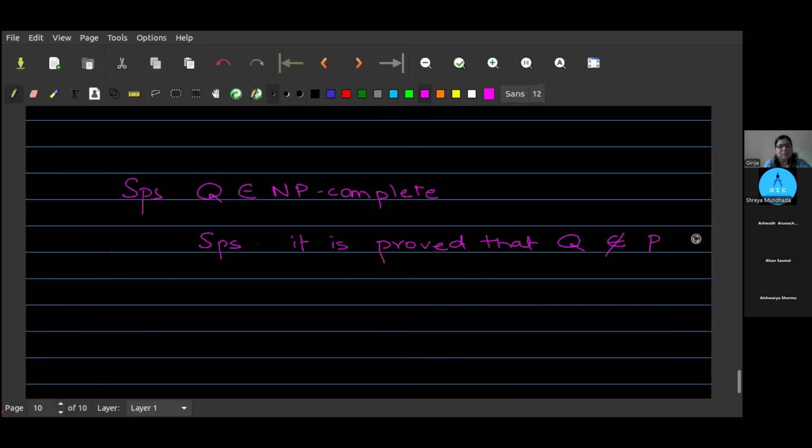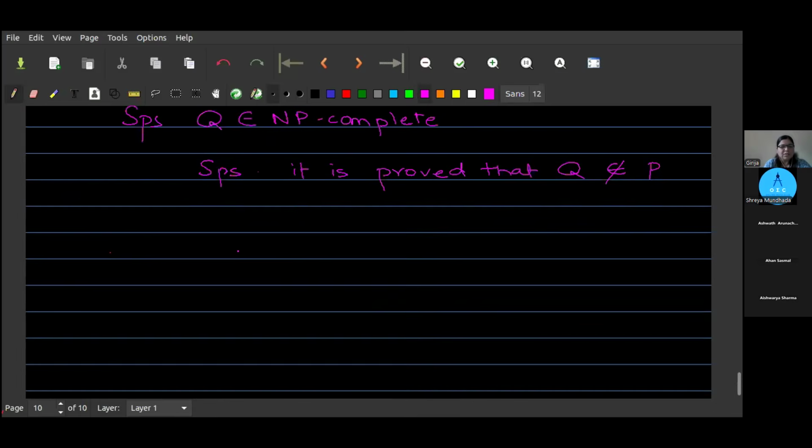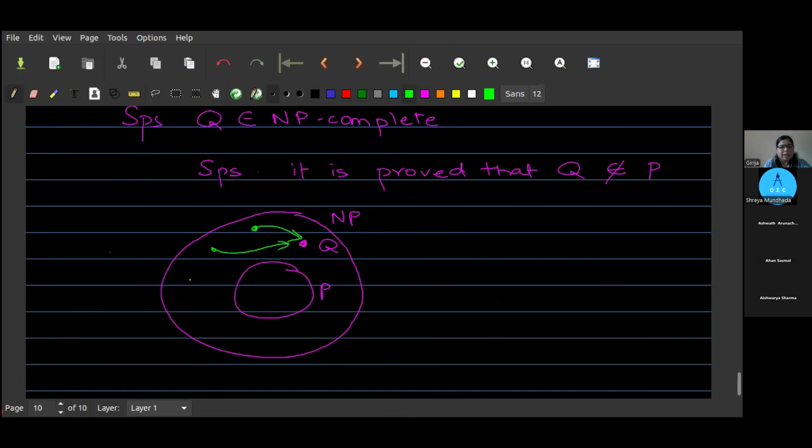How does that tell you that P and NP are not the same? Because it just says that Q is not in P, right? What we said earlier is different. We said that this is NP, this is P. Q is this special, very powerful problem. Everything in NP reduces to Q. In fact, all the problems in P also reduce to Q because P is a subset of NP.